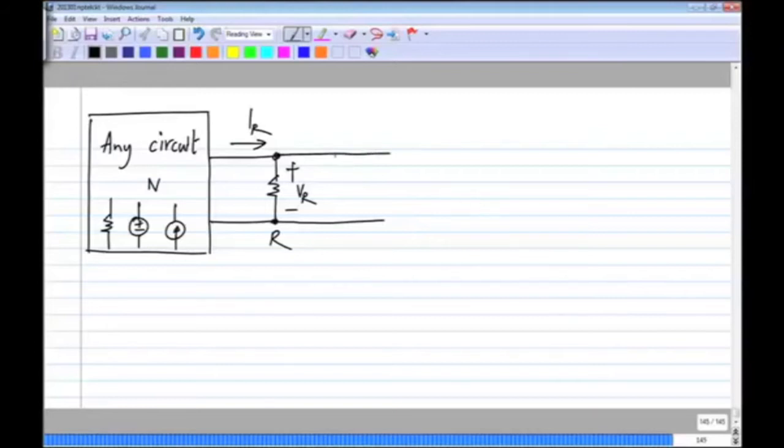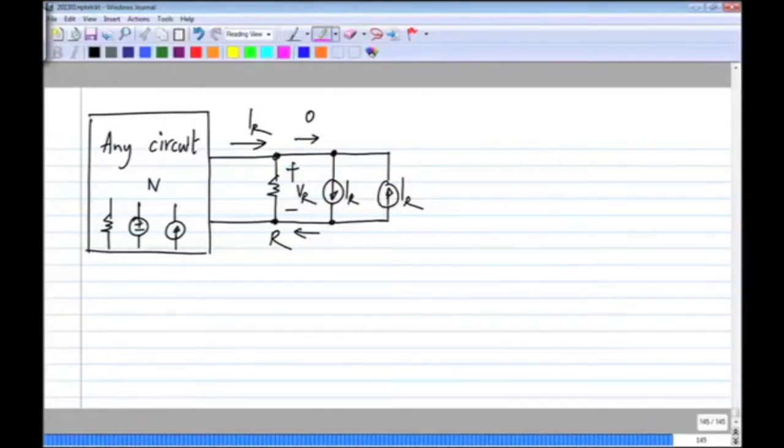Now, let me do this. What I will do is, I will connect a current source of value IR in this direction and another current source of exactly the same value IR in the other direction. So I have connected two equal and opposite current sources, which means that I have not really connected anything, because the current here will be exactly 0.